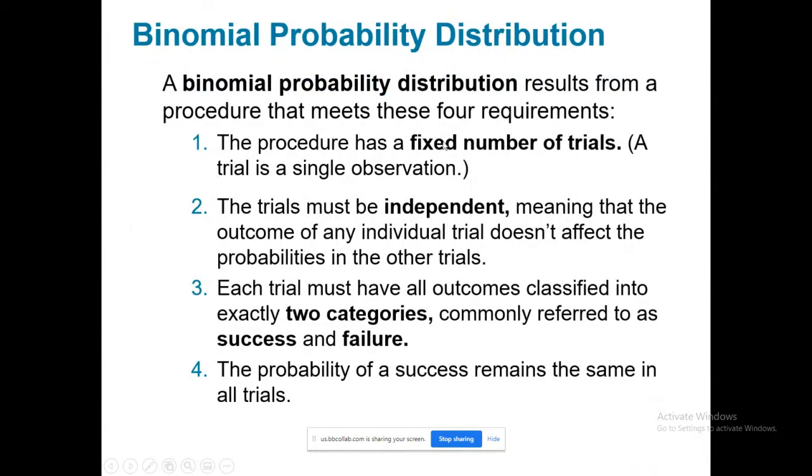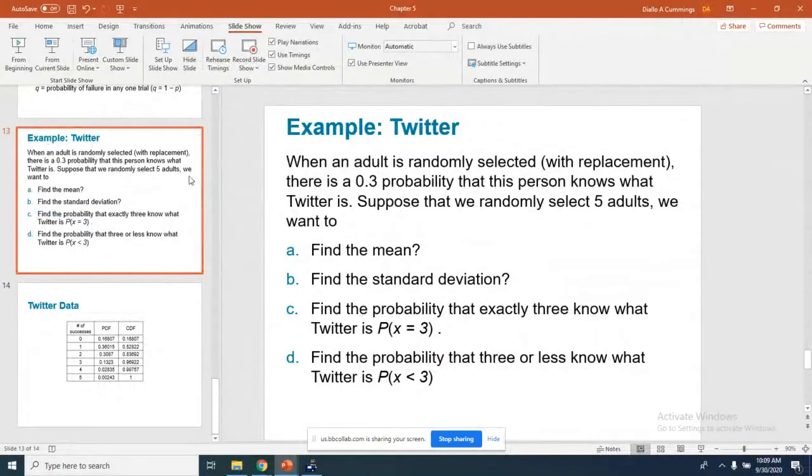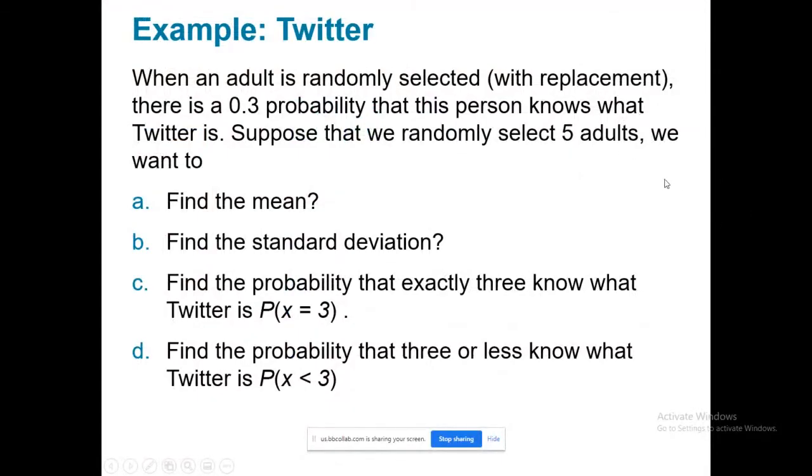So the procedure has to have a fixed number of trials. So I'll go back to our example. Do we have a fixed number of trials? And the answer would be yes. Our fixed number of trials is 5, because in this example, we are selecting 5 adults, right?